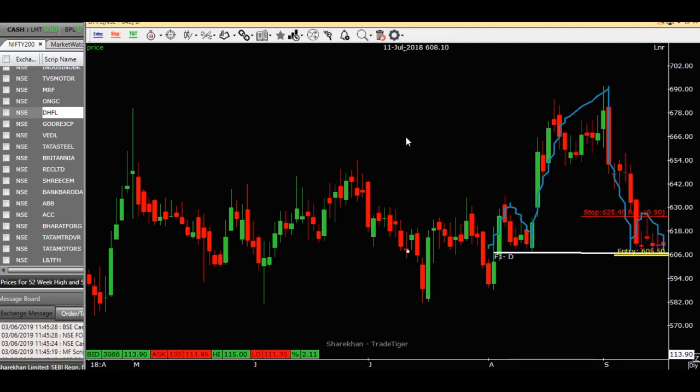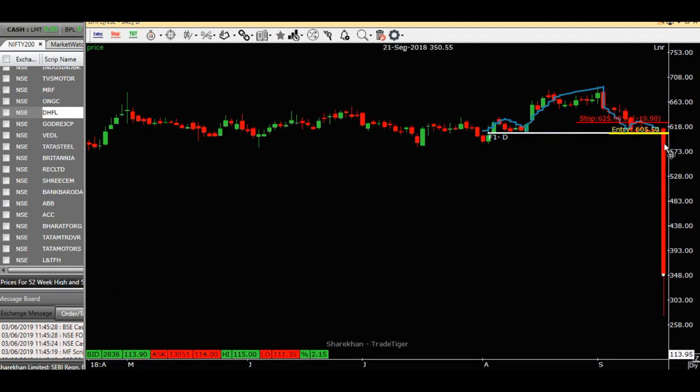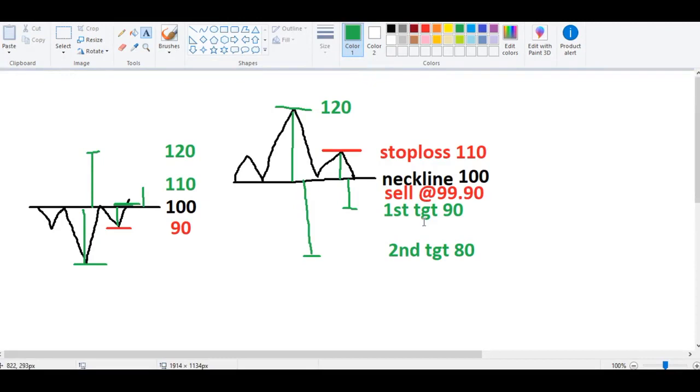And if you want to see what happened the next day, boom, right? From 600, it went all the way to 260 approx in one day. So both of our targets would have been achieved the same day. So this is the head and shoulders pattern, guys.